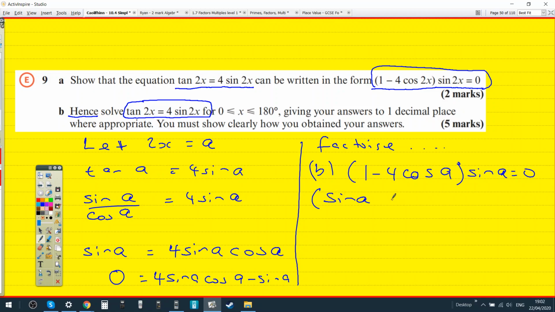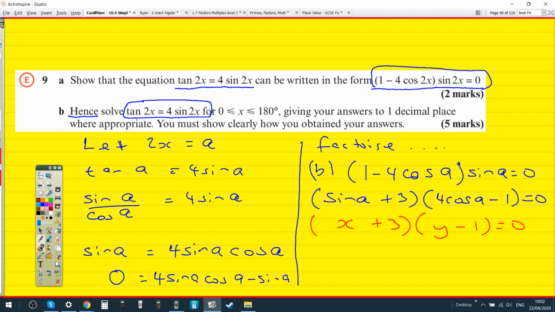Sine A plus 3 and 4 cos A minus 1 equals 0. How would you solve that? By multiplying them together. We worked very hard to factorize it. X plus 3, y minus 1 equals 0.